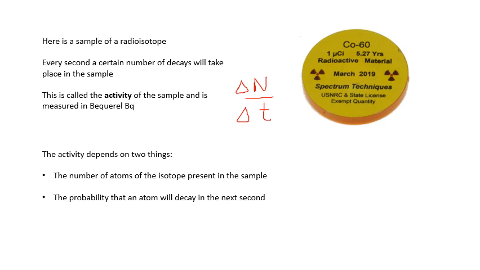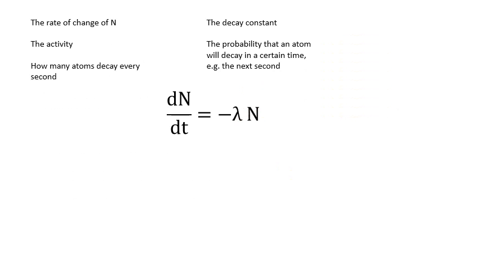And the activity will depend on two things. It will depend on n, which is the number of atoms in the sample, and it will depend on the probability that an atom will decay in the next second. And so we get this equation here, dn dt equals minus lambda n. dn dt is the rate of change of n.